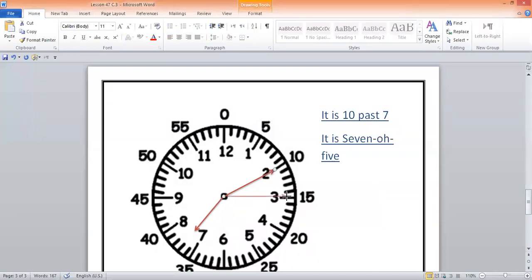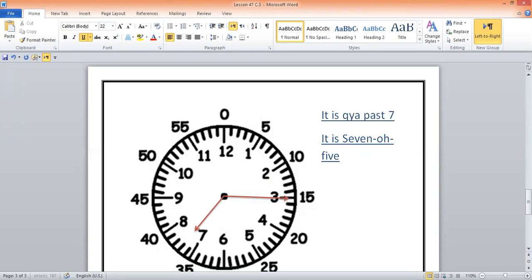And if it comes to 3, guys, here you will not say it is 15 past 7, because I told you 15 is the quarter of 60. There are a total of 60 minutes, and 15 is the quarter of that. So instead of 15, you will always use the word quarter.